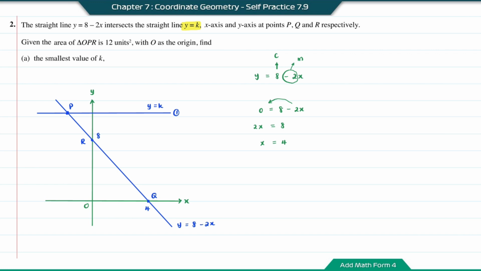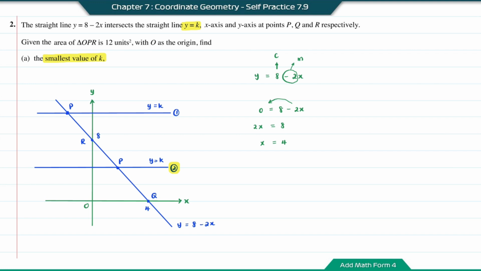The other position of y equal to k will be lower than the point R. Then the intersection point P will be on the right-hand side of the y-axis. Here the question asks you to find the smallest value of k. So we're going to refer to the second possible position of y equal to k, as this one will give us the smallest value of k.